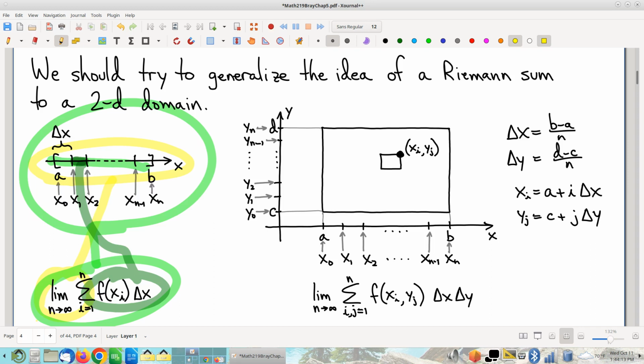Okay, so we want to do the same thing now over here for a rectangle. Is it because I'm interested in computing the volume under a graph? No, that's incidental. It's, I suppose, geometric convenience to visualize. It's familiar and nice, I suppose, but it's really not the point.